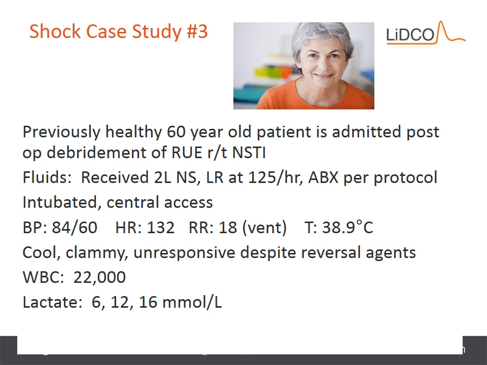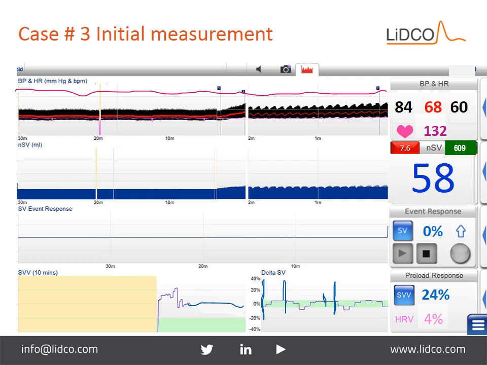So here we go. These are initial measurements on LiDCO. She does have an A-line, so we can use again the same technology. And you can see there, and we're like, well, is she compensating? She's trying to. Her heart rate's going a mile a minute, 132.